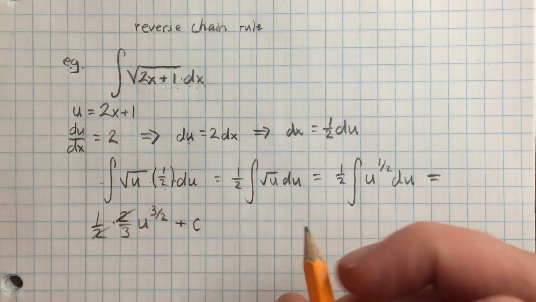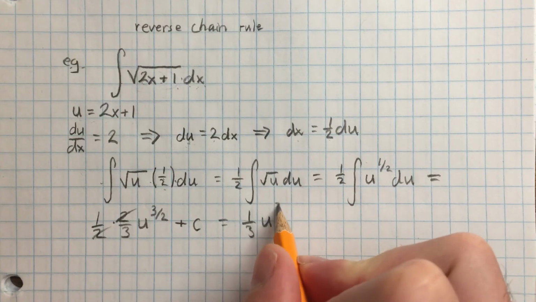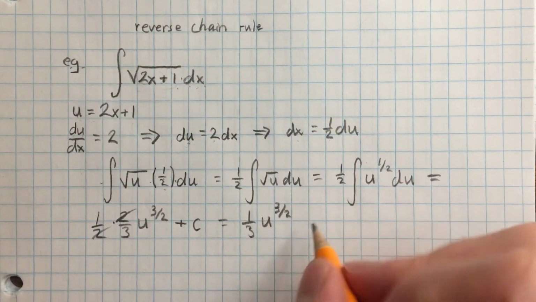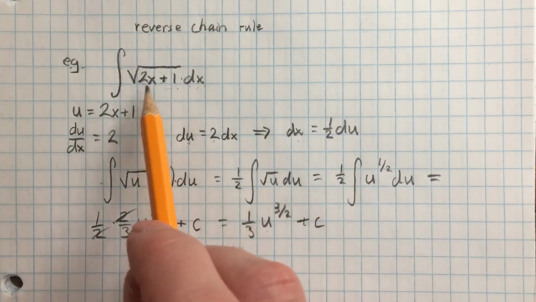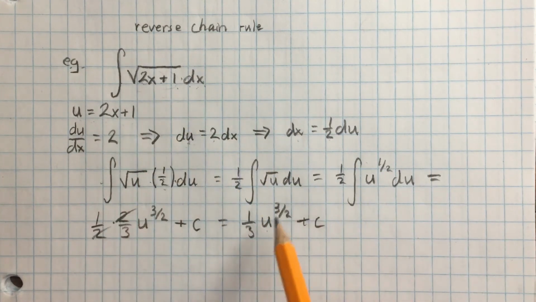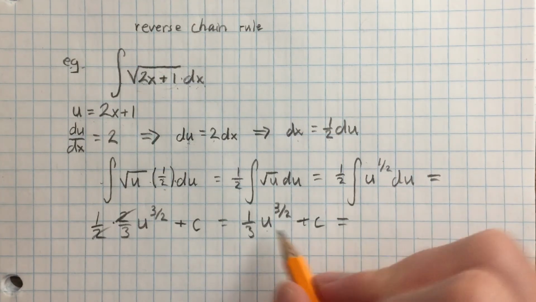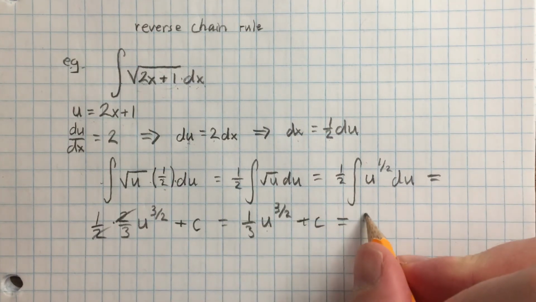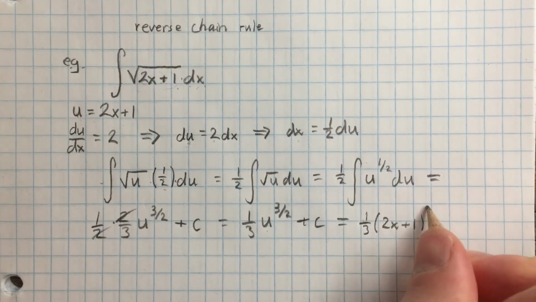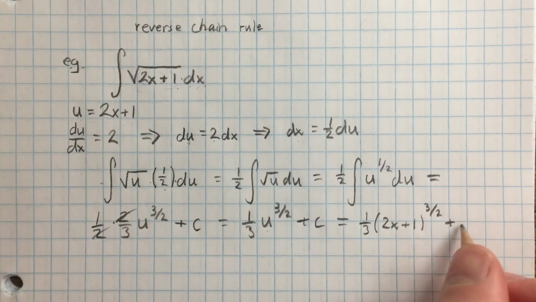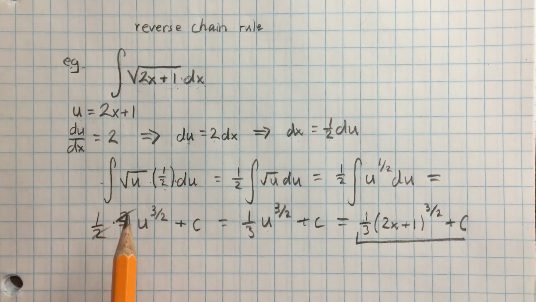So the 2's cancel here. We get 1/3 u to the 3/2 plus c, but u is really 2x plus 1. And my original integral is in x, so I want my answer to be in x. I don't want to leave it like this. I want to resubstitute now 2x plus 1 for u. So 1/3 (2x plus 1) to the 3/2 plus c is our answer for this particular example.